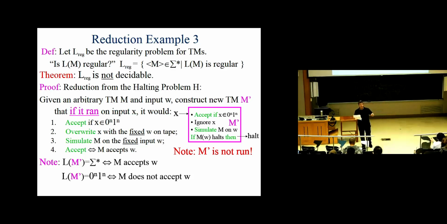If we said the oracle must simulate M prime, and then it's inconclusive, the theorem wouldn't be proven. Nothing prevents us from simulating M prime and running it on something or many things. But then you wouldn't have the general theorem that no oracle can do this algorithmically.